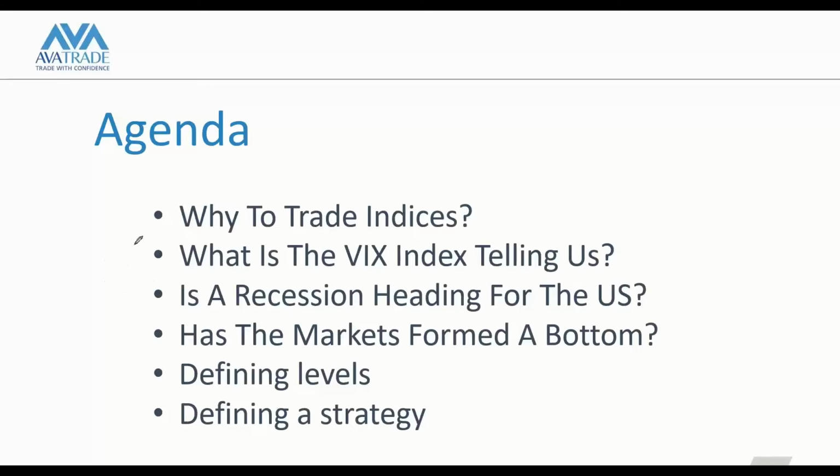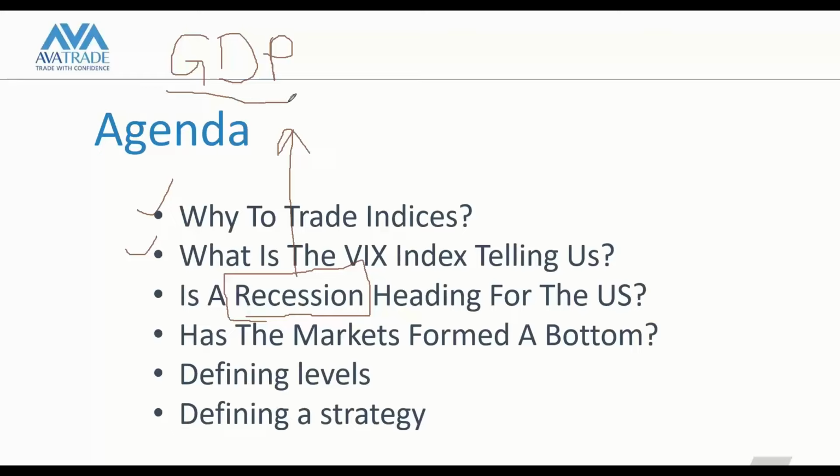Now the next important question, after looking at the first two questions, is: is a recession heading for the US? Because this particular word has gained a lot of attention in the markets recently. What is a recession? The definition of a recession has been changed by the US government more recently, but usually when the GDP falls for 2 consecutive quarters, we officially enter into a recession.